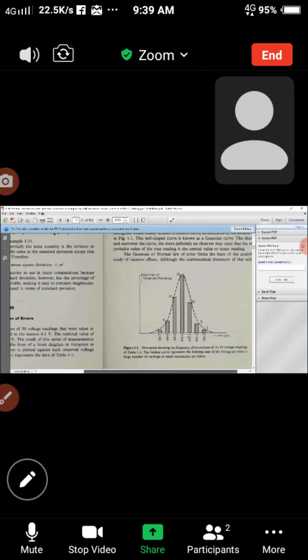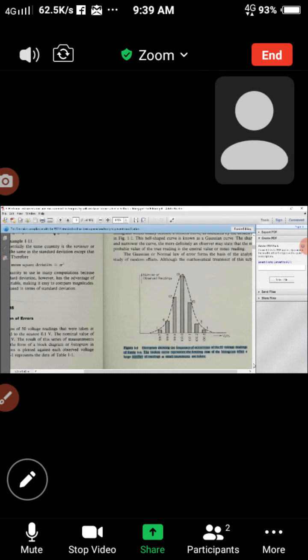Suppose we are taking total 50 readings of 100 volt voltage. It is distributed as given in the histogram. This figure 1.1 shows histogram showing the frequency of occurrence of 50 voltage readings. Of table 1.1, the broken curve represents the limiting case of the histogram when a large number of readings at small increments are taken.